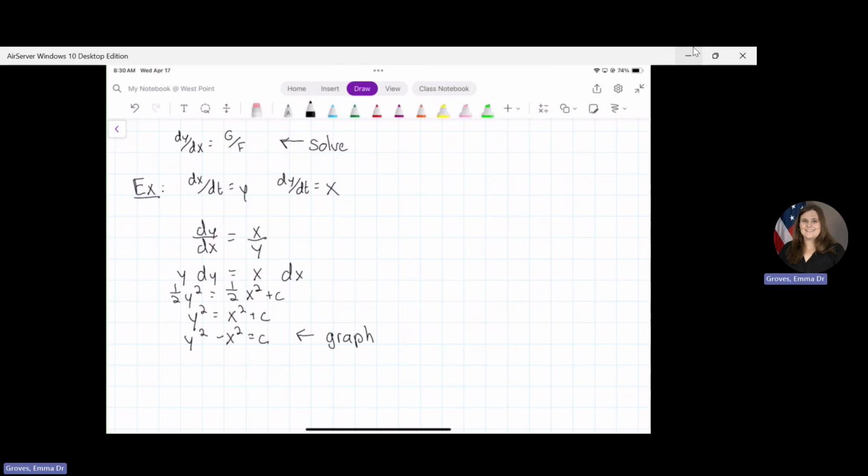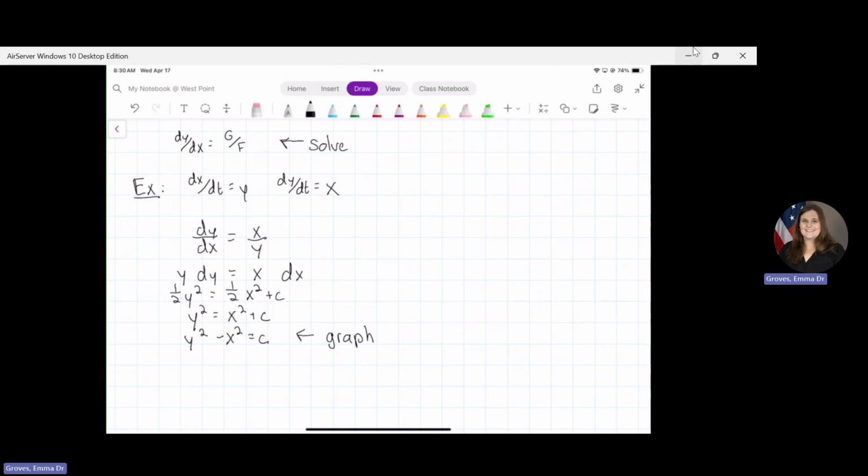Yeah. So what does y have to be? 0, right? Because if this is not 0, this has to be, because they multiply to give you 0, right? So you've got the point 2 and 0. So that's one of your points.